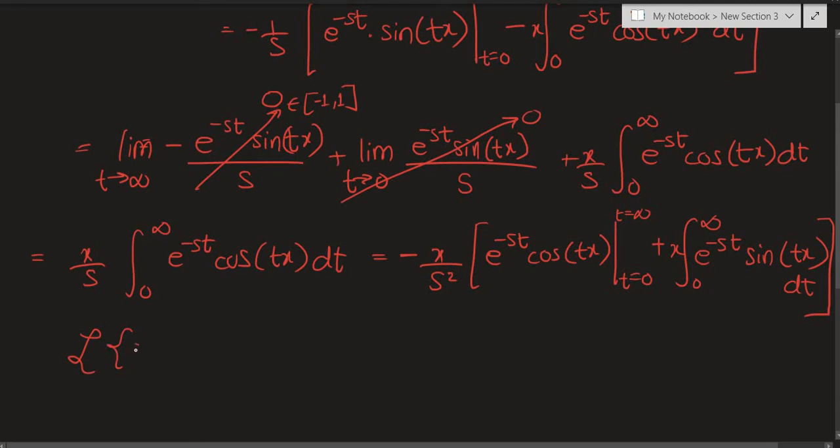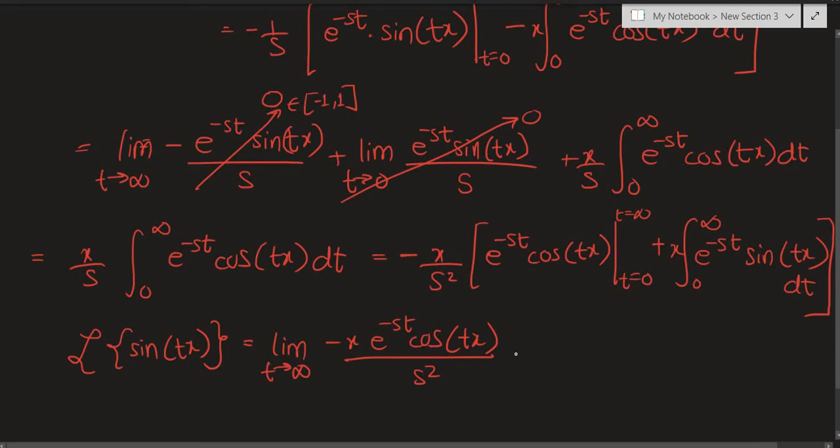So we have the Laplace transform of sine of tx being now equal to, so limit as t tends to infinity of negative x times e raised to negative st times the cosine of tx divided by s squared, minus minus plus the limit as t goes to 0 of x times e raised to negative st times the cosine of t times x divided by s squared.